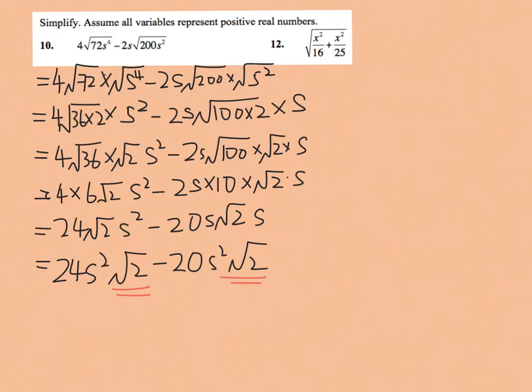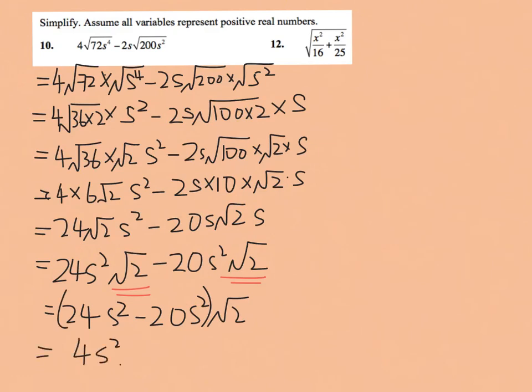You can kind of factor it out now. So you will have 24 s squared minus 20 s squared, times root 2. Don't forget your brackets. And the answer will be 4s squared root 2.